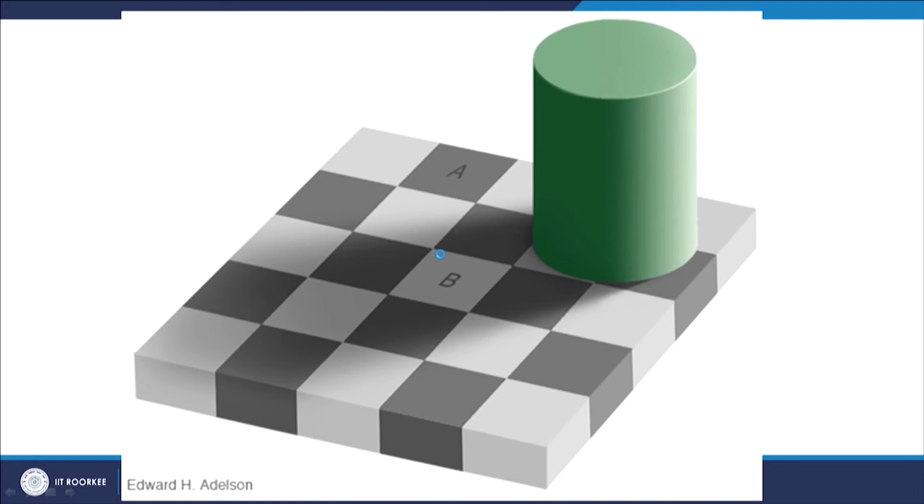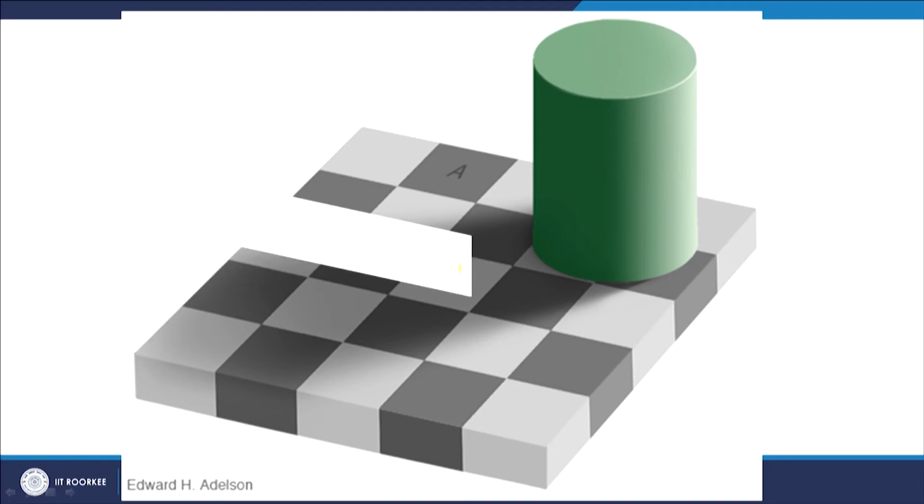of hilly terrain. Here a block A, or this square A, is surrounded by lighter parts, and therefore it is appearing as darker. Whereas, contrary to this, the B square is surrounded by darker ones, and in relative terms we are perceiving it as relatively brighter as compared to the surrounding squares.